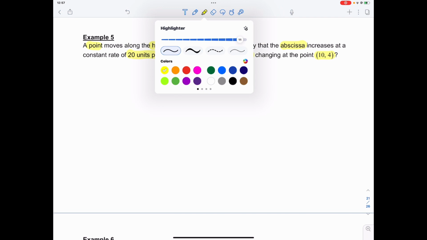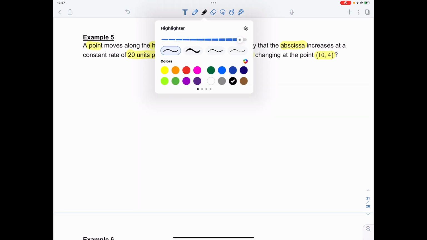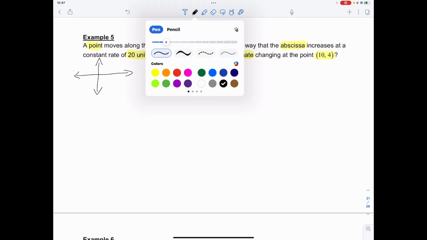Well, first off, we have this hyperbola where it's going to look something like this.